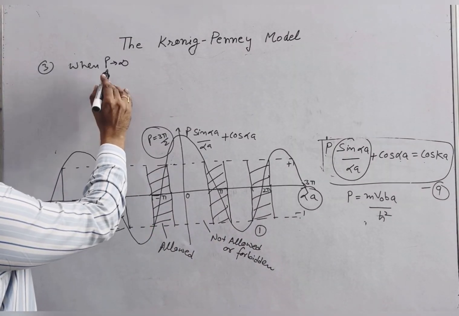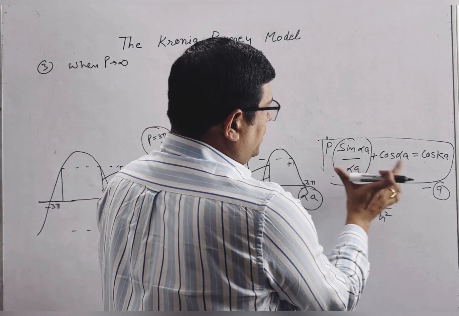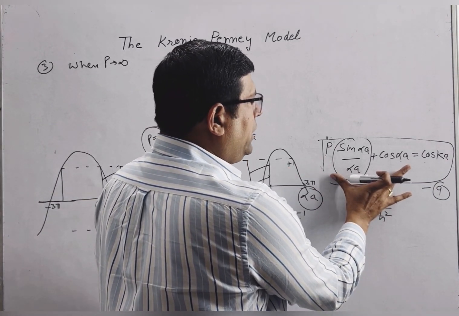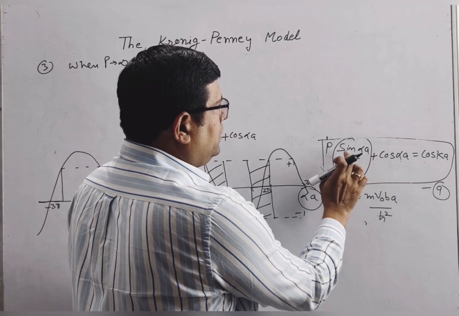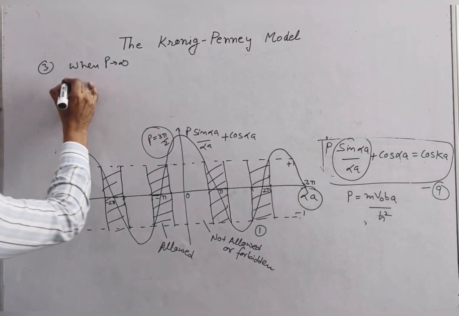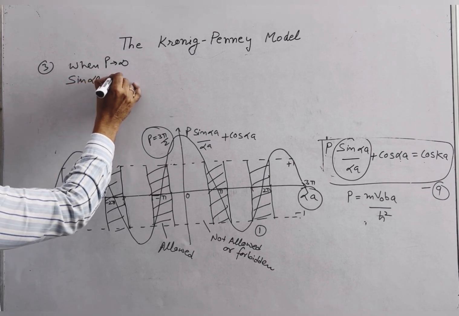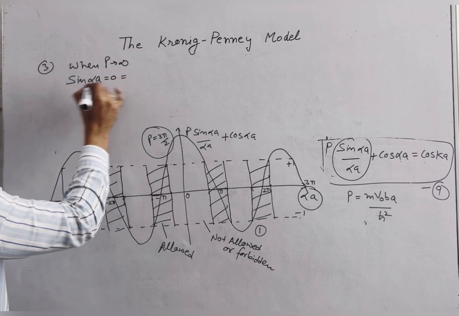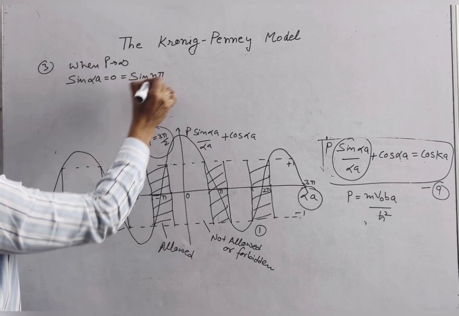Third case is when P approaches infinity. If P approaches infinity, then the left hand side will be infinity. So to make it finite, sine alpha A should be 0, and sine alpha A is 0 when it is n pi.